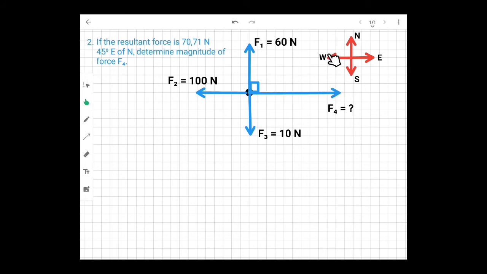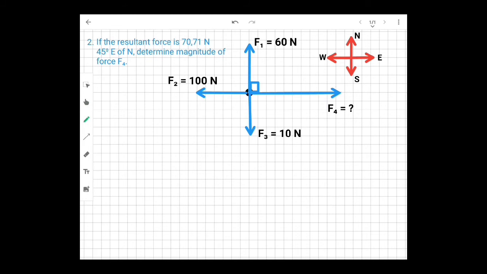So again, this idea of perpendicular vectors is being tested here, because there is the horizontal axis and there is the vertical axis. What is clear in this diagram already is that I can easily determine the sum of the forces along the vertical, and I've been told the magnitude of the resultant.